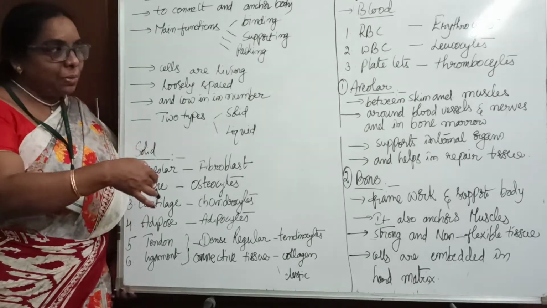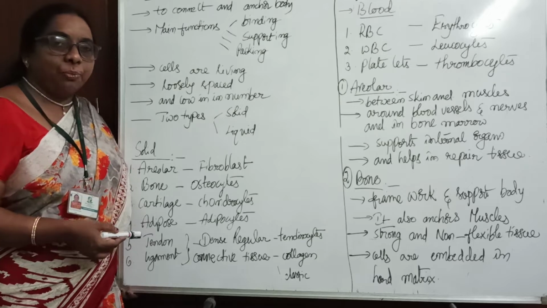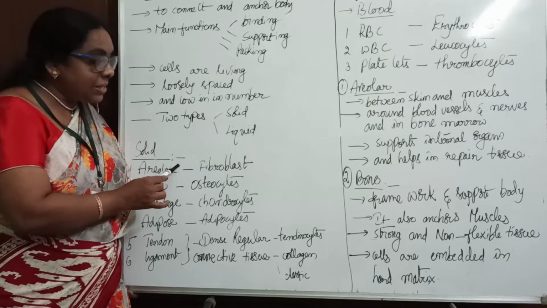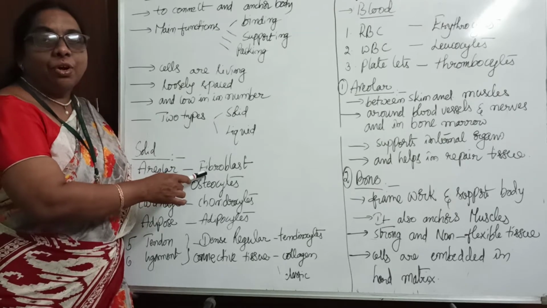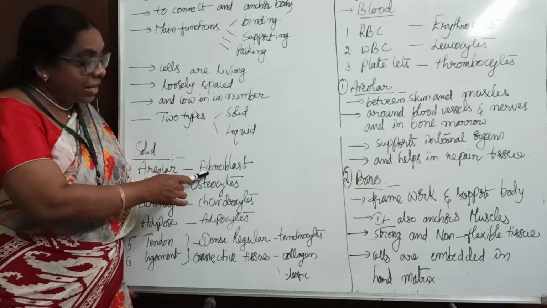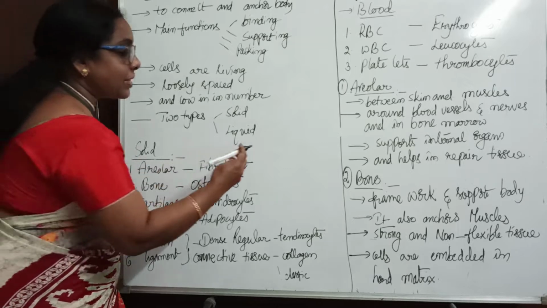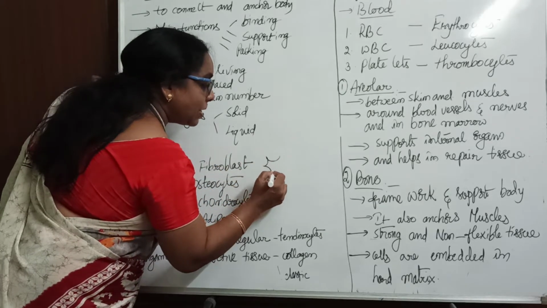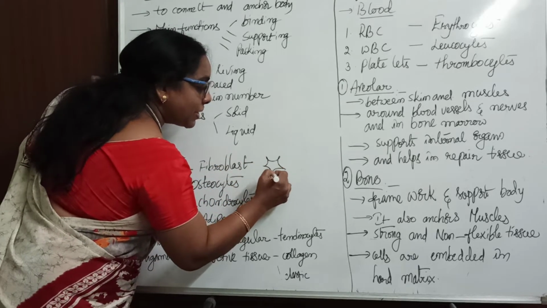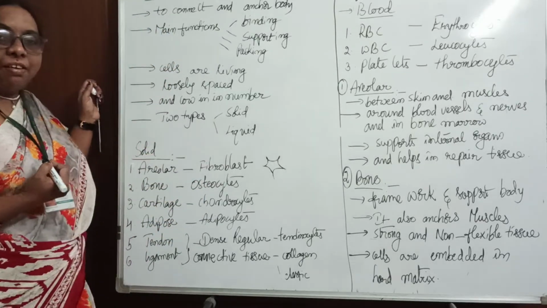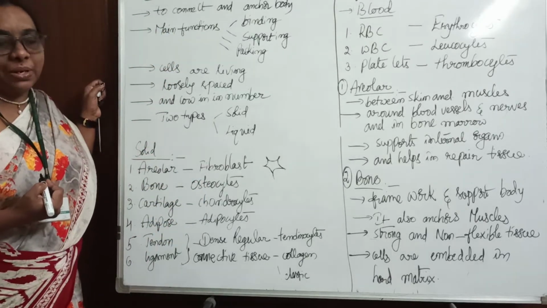When we study in detail once again, I will show the pictures for you. The cells present in areolar connective tissue are called fibroblasts. The cells are star-shaped, and we will call them fibroblast cells.